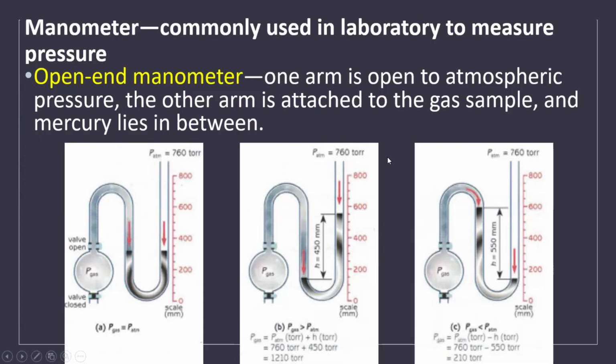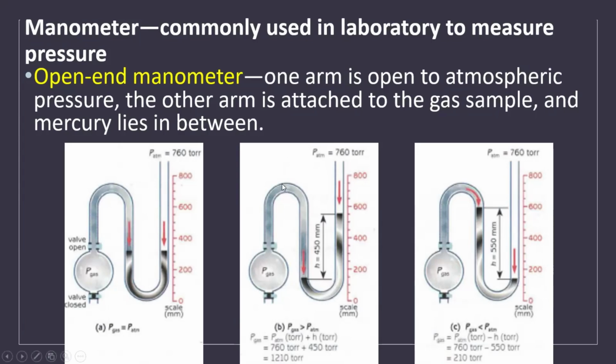Now in the second example, the atmosphere is pressing down, so there's 760 torr, and then we have a mysterious gas here, and it's pressing down as well. You can think of this as kind of like an arm wrestling situation. The atmosphere is pressing at 760 torr, and the gas sample is pressing its pressure.